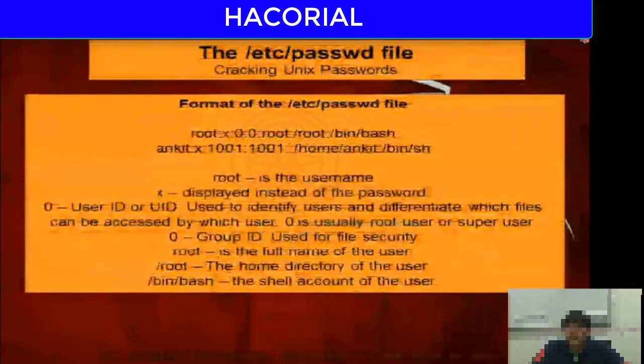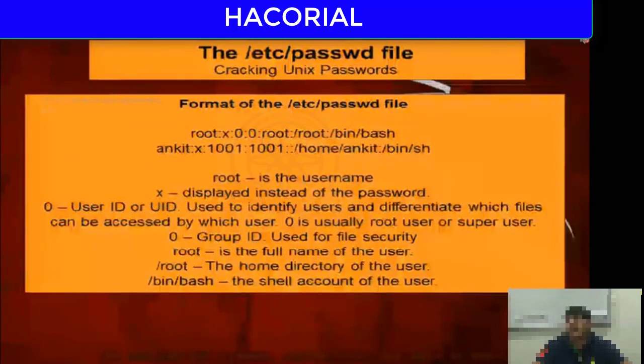So now that we have opened the /etc/password file, let us try to understand the format of that file. So typically you see such rows in the /etc/password file. Let us understand what each item signifies or what each item means. Root is the username. X is displayed instead of the password.